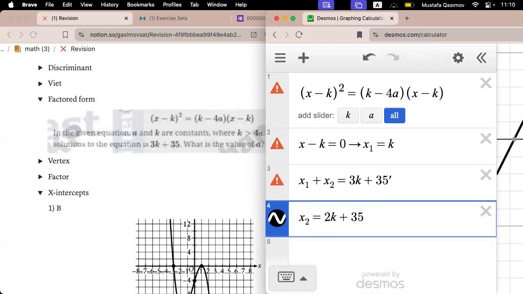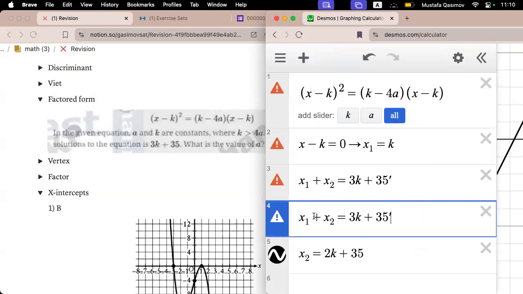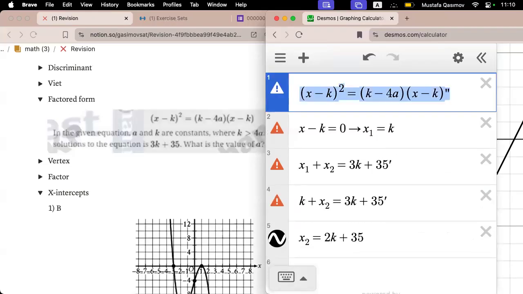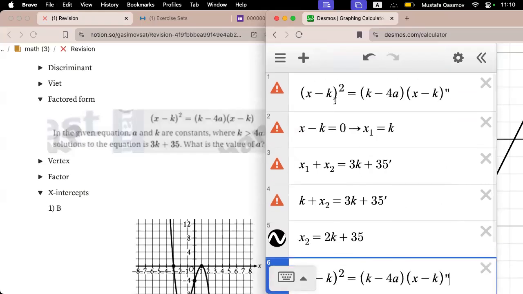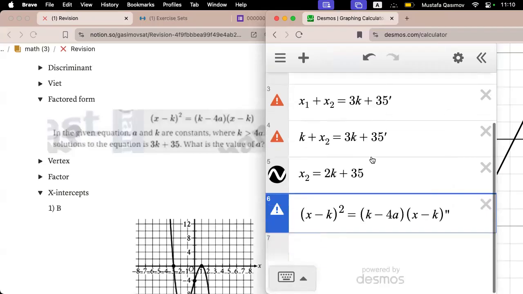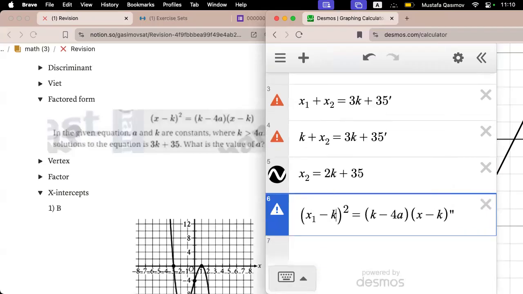I wrote k instead of x1, and I find x2 from here. After writing that one here, you can write it on paper, then you can use decimal here, x1, x1.